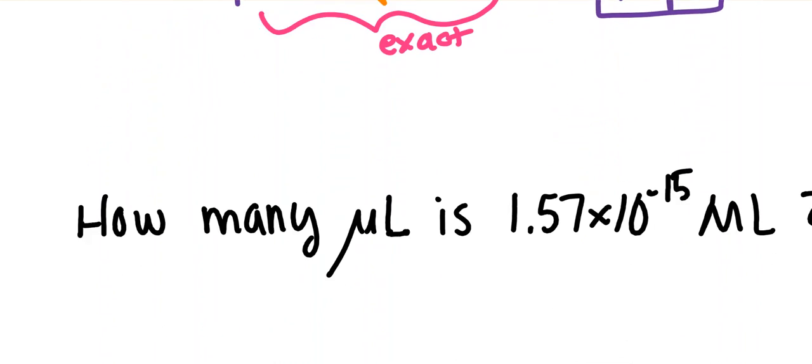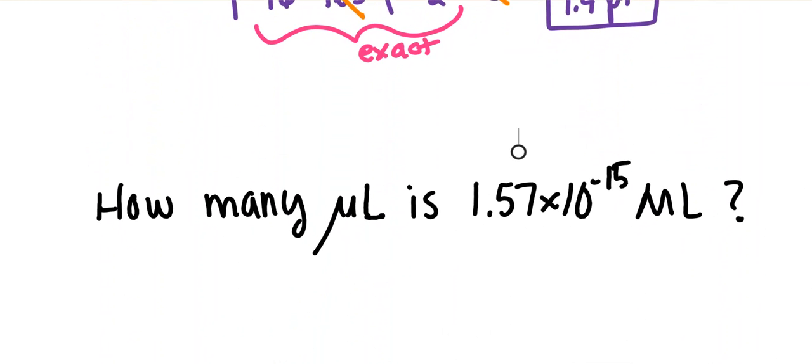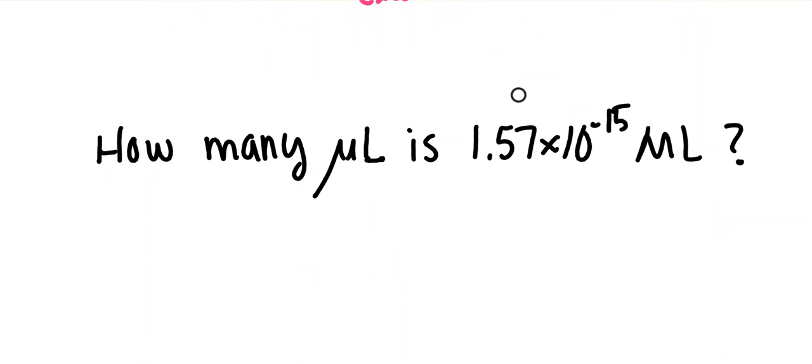Let's try one that has to do with metric. Okay, on this one, I have metric prefixes with a base unit. So the base unit is the second part, the liters, and this is what I mean by the prefixes, the micro and the mega.